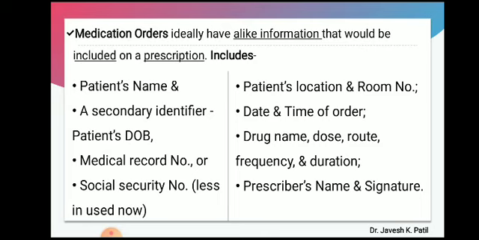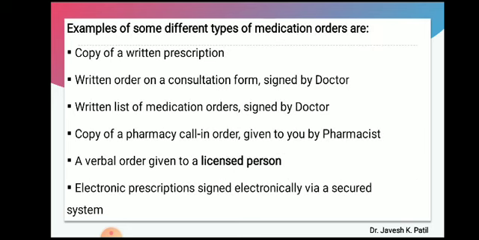Then medical record number if any, the social security number, the patient position or location in the hospital, such as room number, ward number, etc., date and time of the medication order, and importantly name of drug, dose, route of administration, frequency and duration, along with the prescriber name and signature. Now this is the new slide.